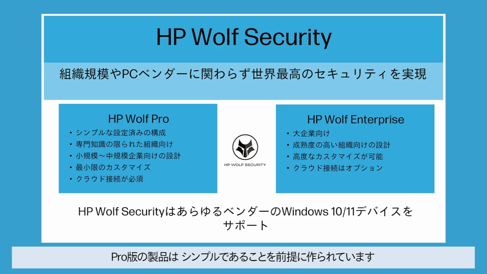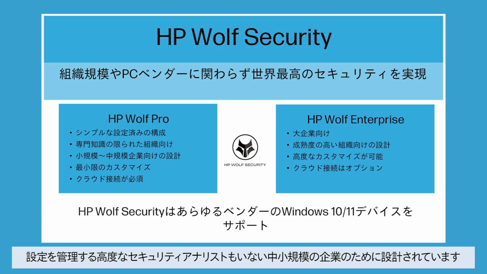So our Pro Edition products are built to be simple, very quick to deploy, and come pre-configured with certain policies and configurations that just make it quicker and easier for customers to get deployed. They're really designed for the small businesses that don't have large IT staffs or don't have sophisticated security analysts to manage and control the configurations.